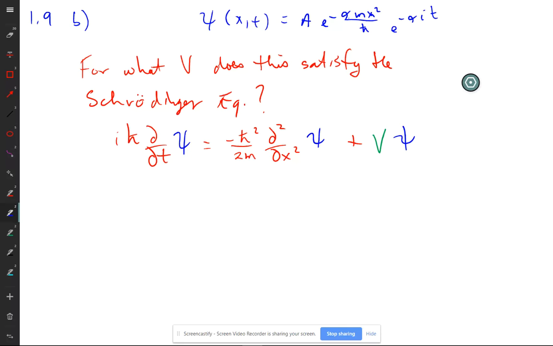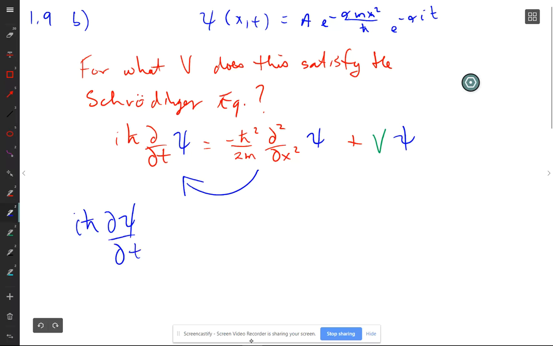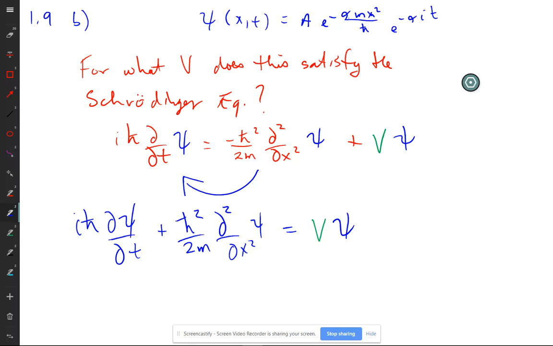The green is what I'm looking for, so that's why I put that as a different color than the other operators. And so all I really have to do here is to move this over here. So I have this equation, and then I will factor out the psi and I'll be done.